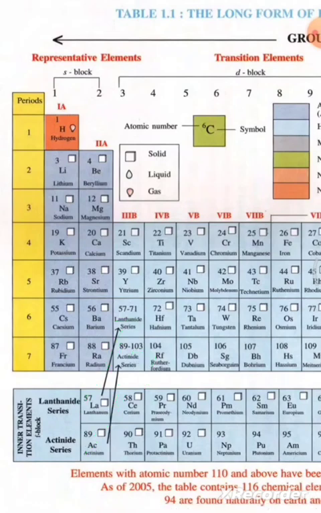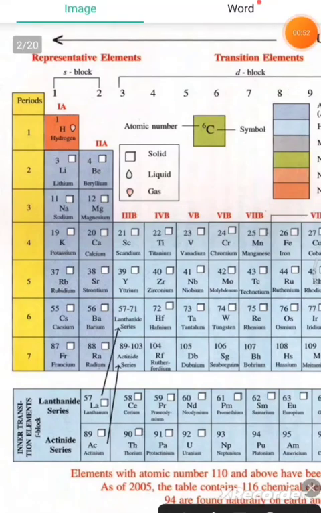In order to adjust, because this many elements we can't adjust within that periodic table, that's why below it is placed, that is atomic number 57 to 71 lanthanides, and actinides 89 to 103.